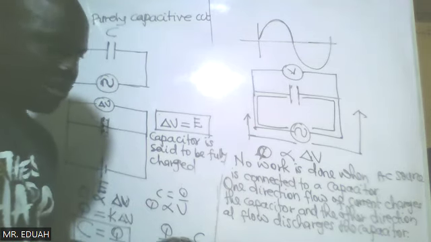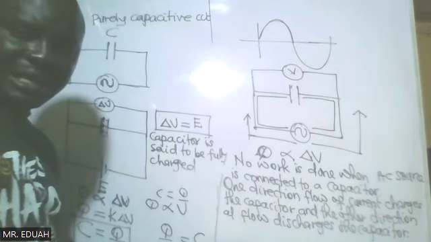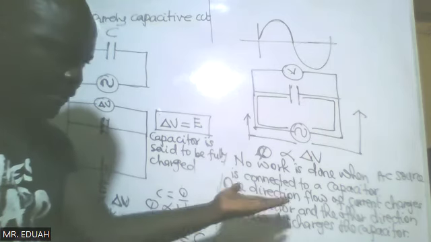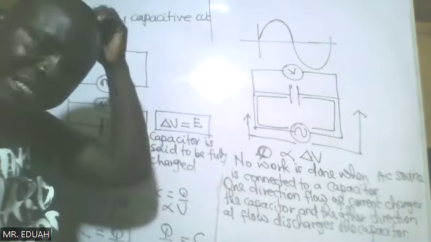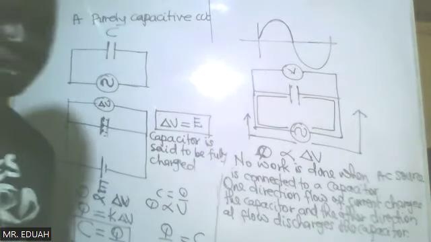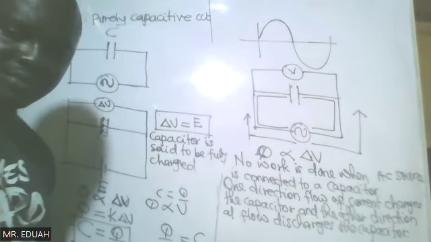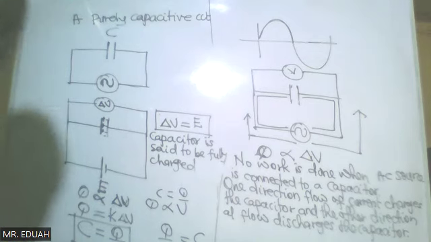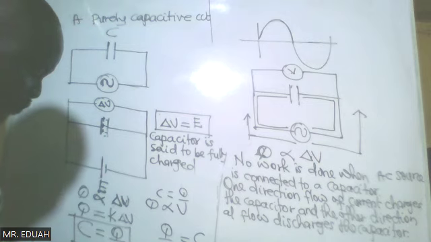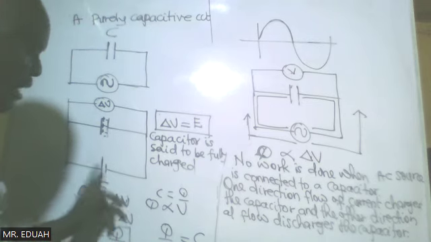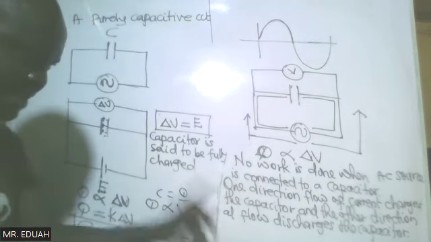Another application where the use of AC is not needed, apart from charging a capacitor, is separation of ions, electrolysis. Electrolysis would also require a DC source and not AC.